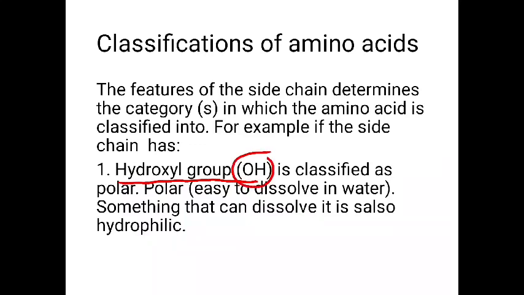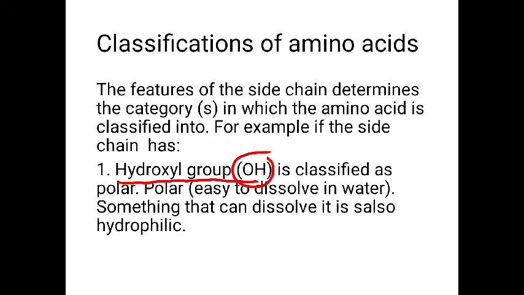What we need to know is each amino acid with a hydroxyl group in the side chain can dissolve in water, meaning that type of amino acid is classified under polar amino acid, or the hydrophilic amino acid, but it is uncharged.